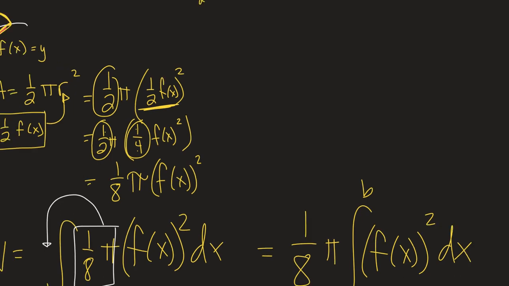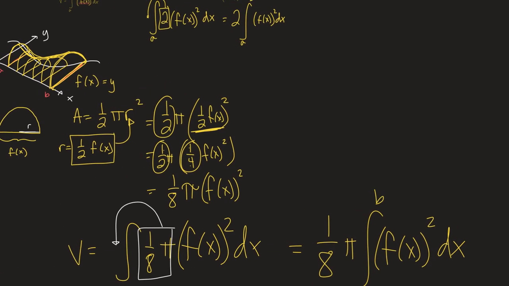So no matter what, when we're finding the area of a cross section, you always have the integral of your function squared times some type of a leading coefficient. And the leading coefficient is based upon the shape that you are trying to find the areas of.